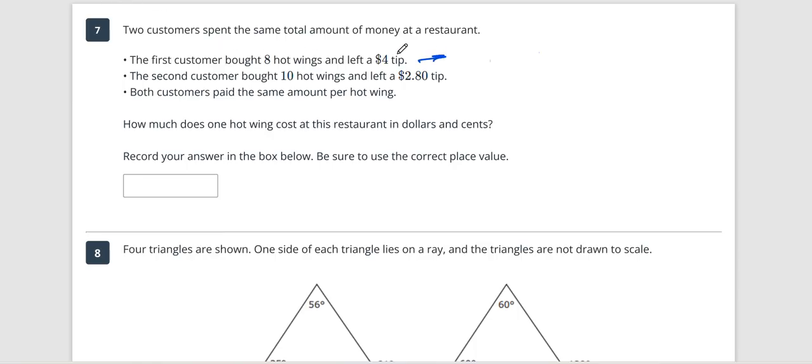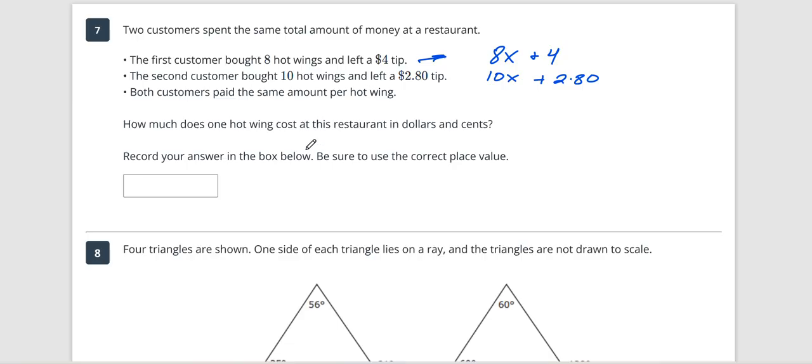So for this person here, each wing costs what? I don't know, but there's each wing, right? How much is each wing? So we're going to go with 8x, the cost of each wing, and 4. This one over here had 10 wings, and we don't know how much each was, plus 280. So when are they the same?